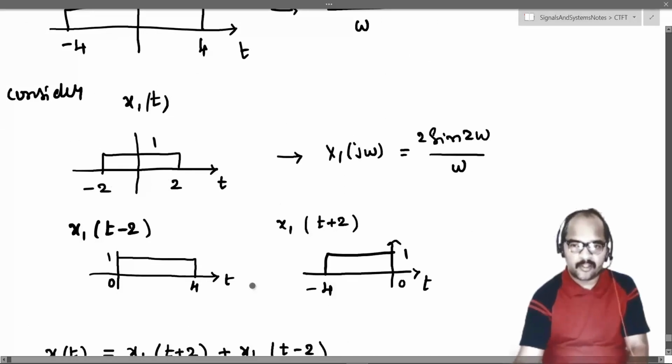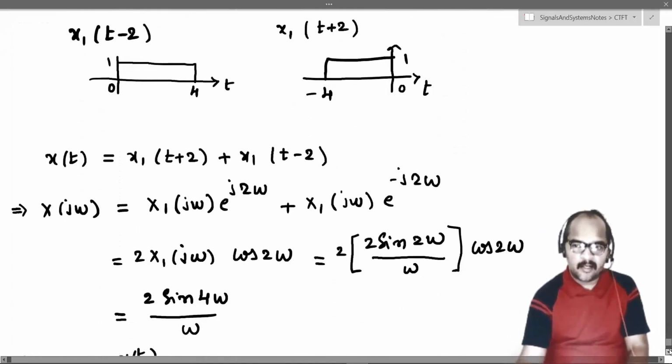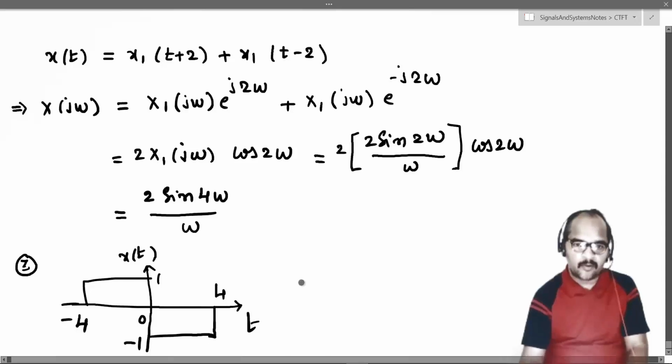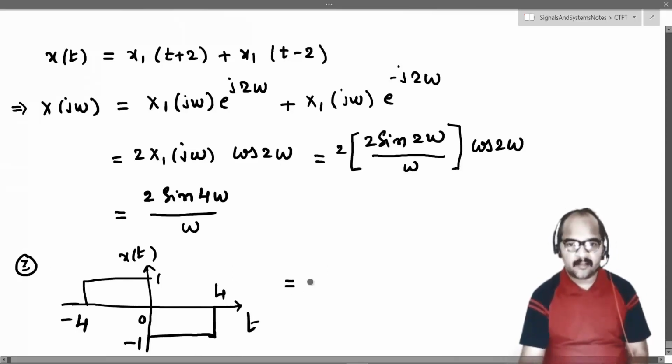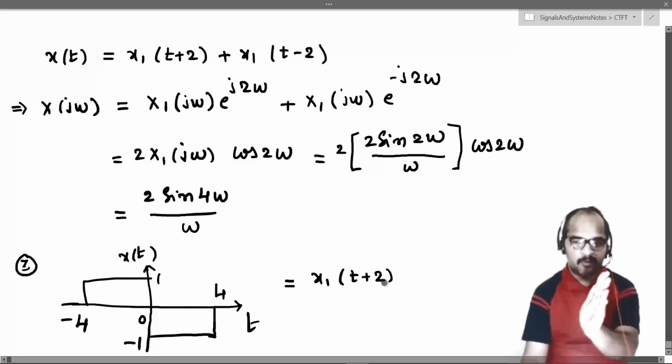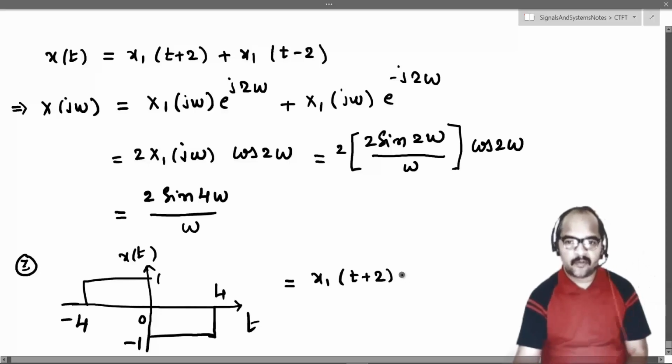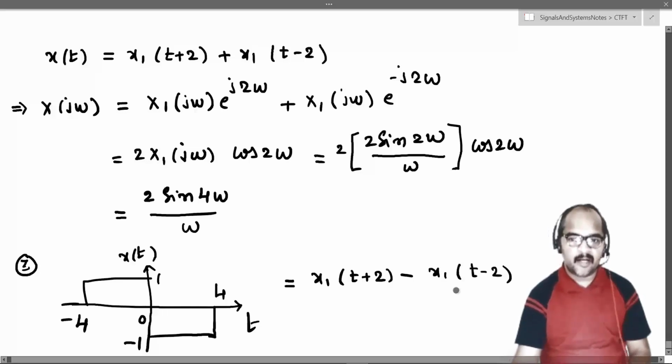You shift this to the left by some units to get the upper part, and then shift to the right by 2 units and multiply with -1. So we can write this as x1 of t plus 2, the rectangle signal from the previous problem shifted to the left by 2 units, minus the same rectangle signal shifted to the right by 2 units.